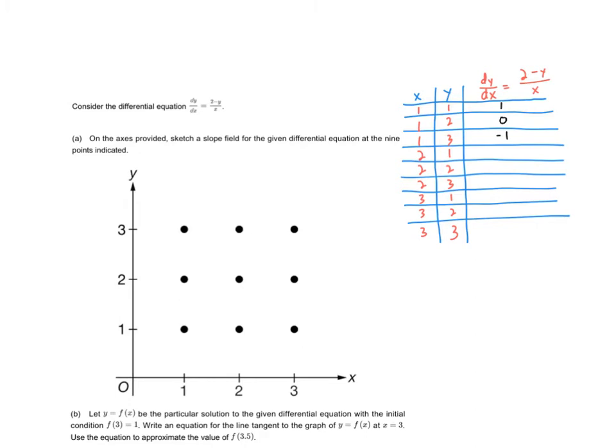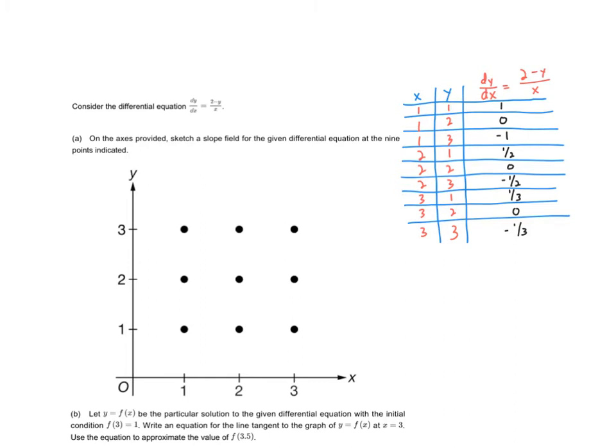Plug in 2 for x and 1 for y, it's 1/2. Plug in 2 for both, you get 0. Plug in 2 for x and 3 for y, you get negative 1/2. Plug in 3 for x and 1 for y, you get a third, and a 0, and then negative a third.